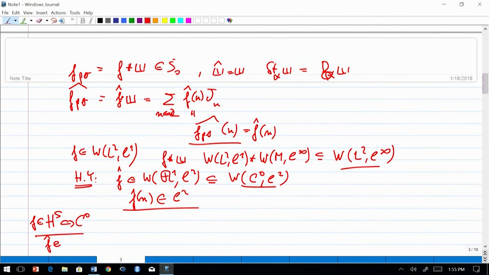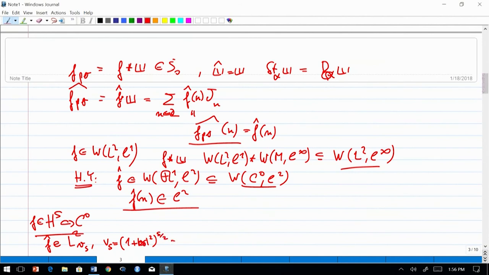But in Fourier analysis, we express it this way: if you take the function in L2, the Fourier transform in L2, we can even multiply it with the weight s. The typical weight that you use for such spaces is omega to the power 2, to the s over 2.